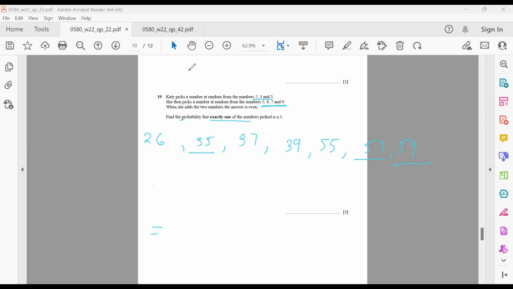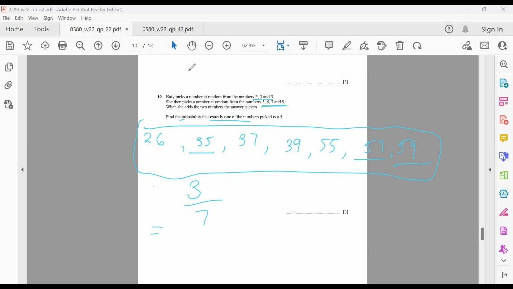She picks one number from each set. So there are 3 outcomes. Oh, wow. Okay. So there are 3 outcomes out of 7 of the possible outcomes. So she picks exactly one 5.